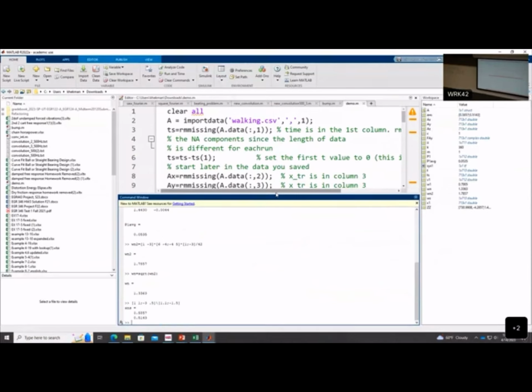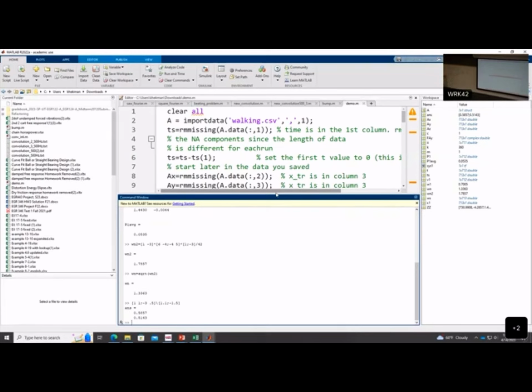So that gives us 0.586 and 0.514. So therefore, x1 of t is 0.586 cosine 1.34 t plus 0.514 cosine 3.4 t.